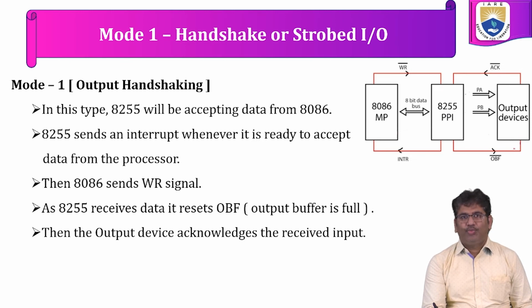Upon generating output buffer full, the IO device can read the data from the ports. In mode 1, we know that port A and port B are used for IO. Once the data is captured by the IO device, it will send an acknowledgement to the 8255 indicating that the data transaction, that is the write operation to an IO device, is completed.